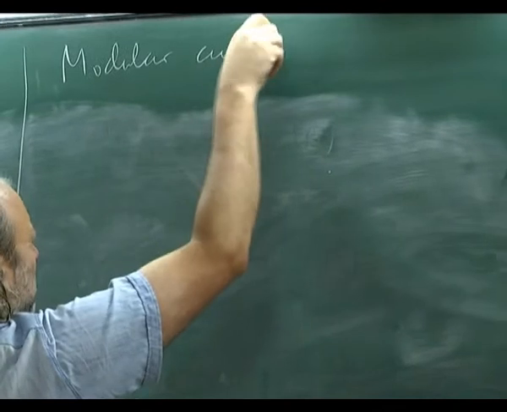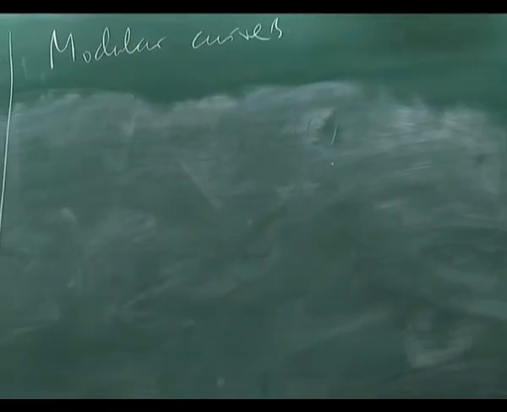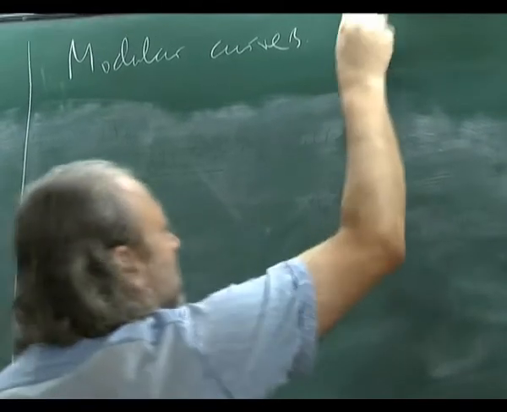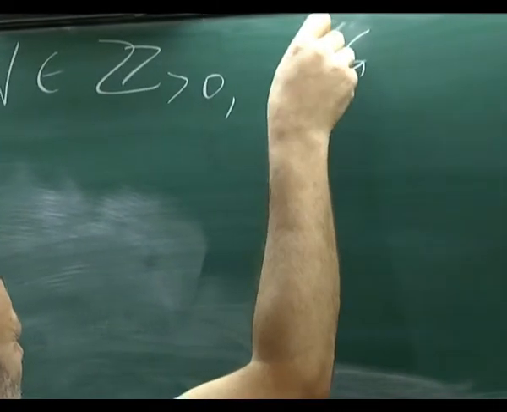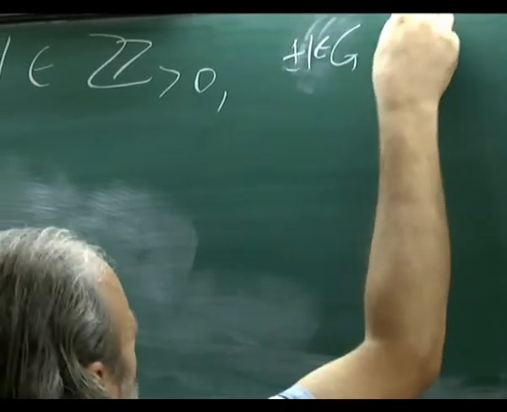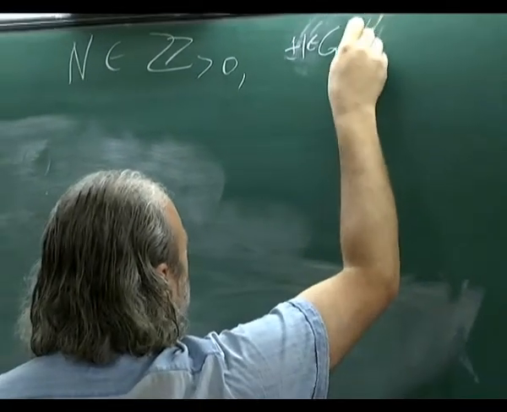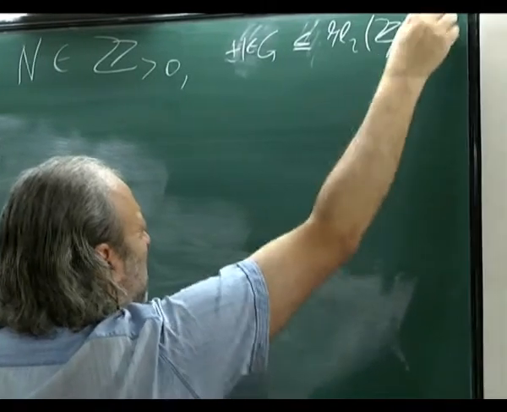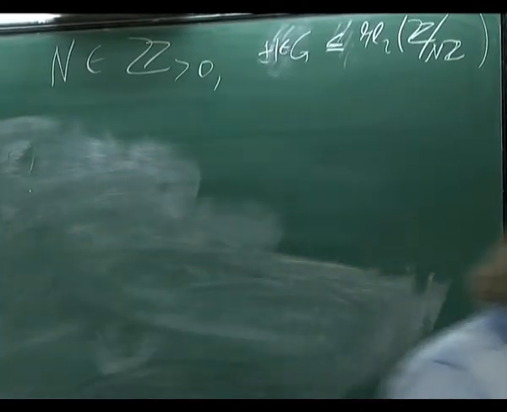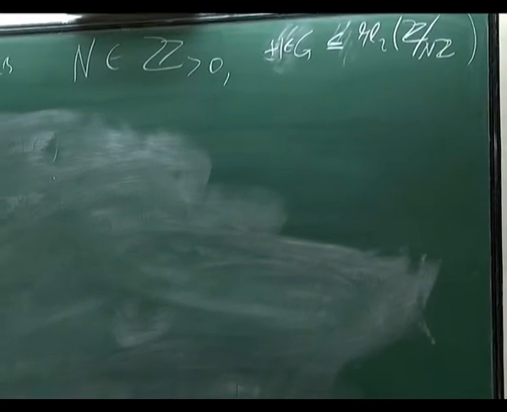Modular curves. For every positive integer n, and every subgroup G of GL2 of Z mod n, we just assume that G contains plus minus 1 to simplify.